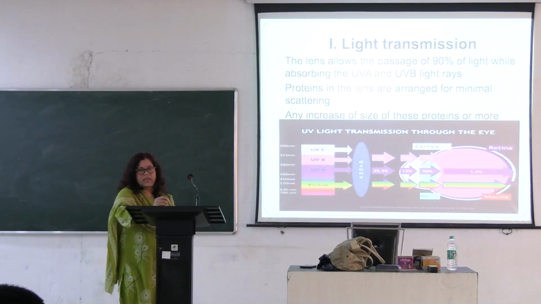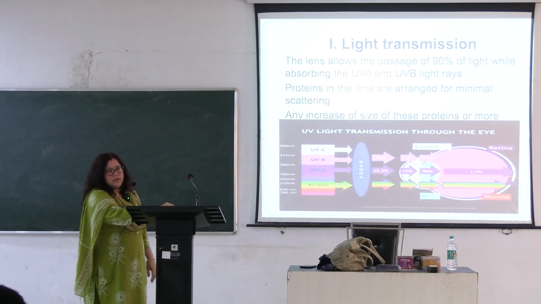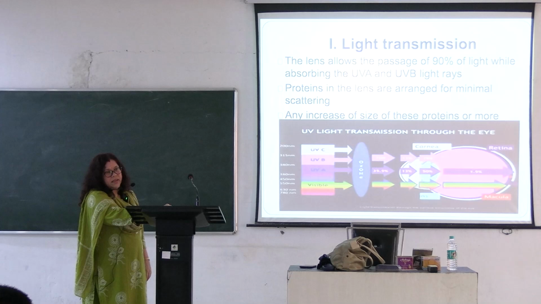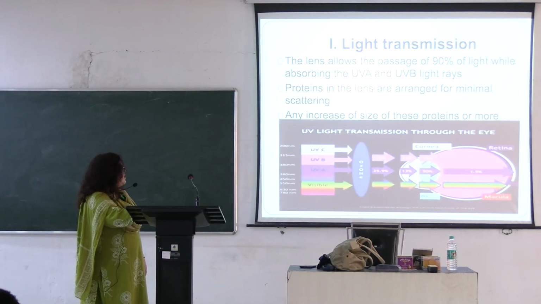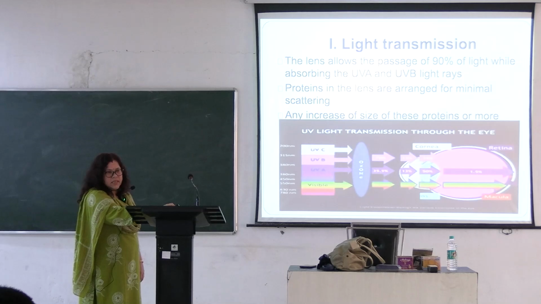When the protein level is disturbed or increased, the transmission of light is not properly done, and scattering of fibers occurs, which causes blurring of vision due to disturbance in protein metabolism. Any increase in the size of protein, or more protein or glucose, increased water content, or disturbed pH causes blurring of vision.